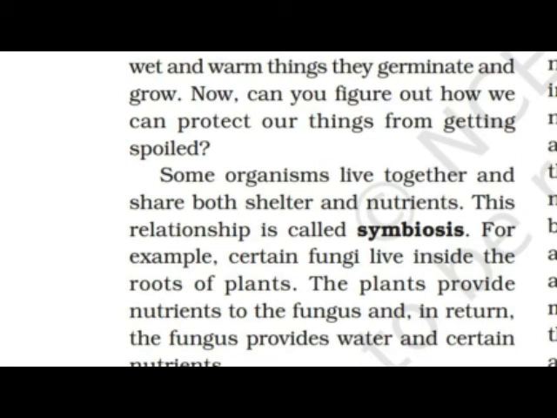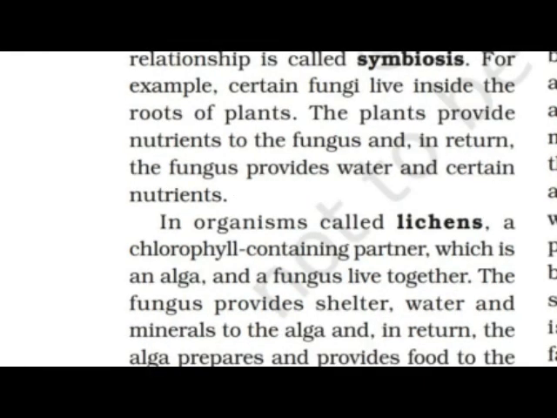You can understand it by a simple example. Sometimes certain fungi live in the roots of trees. The tree provides nutrition to the fungus and in return receives help from it to take the water and nutrients from the soil.